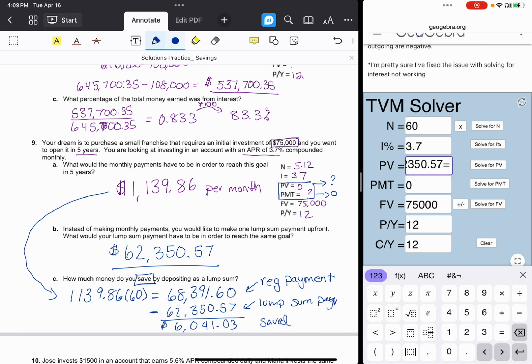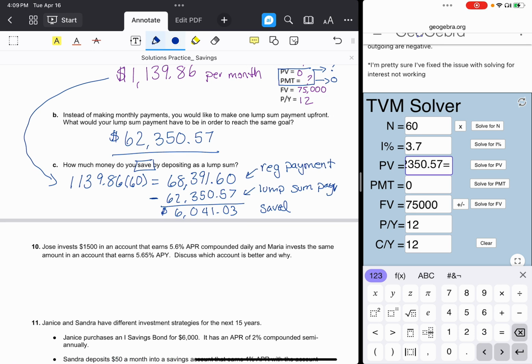So about $6,000 by doing a lump sum versus a regular monthly payment. It's not nothing, but not everyone can afford to just stick $62,000 into a bank account in one sitting. So maybe that $1,000 is more reasonable.